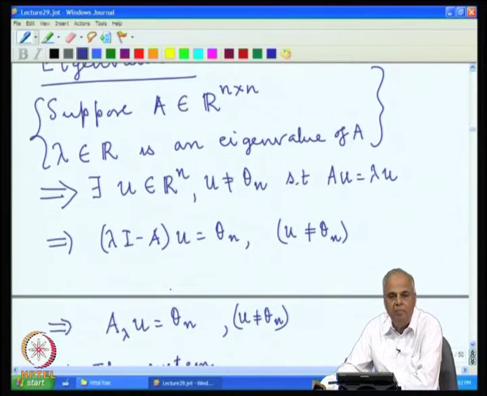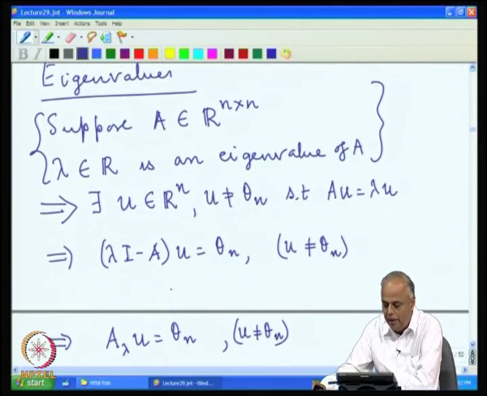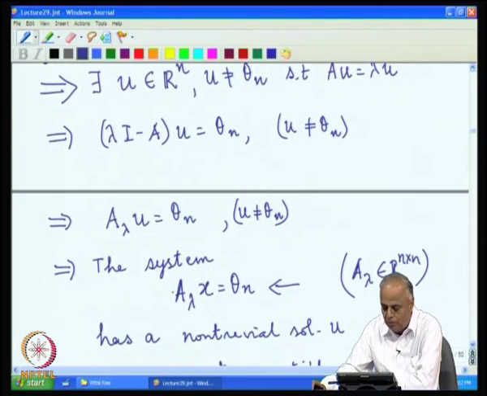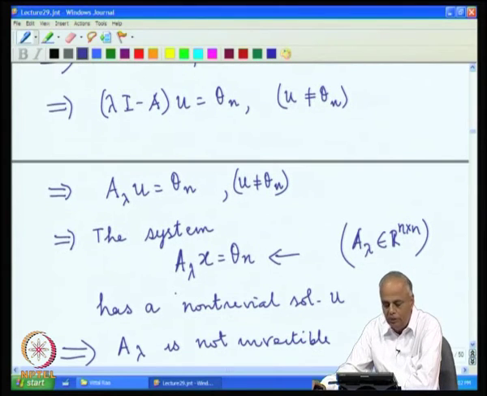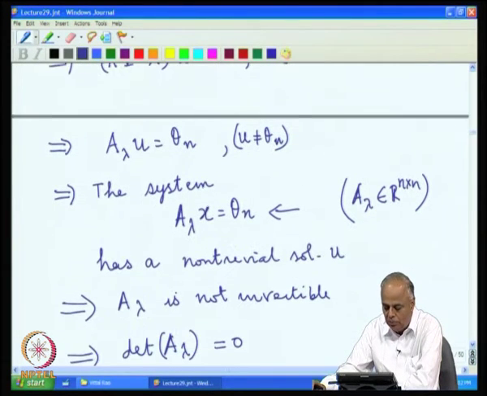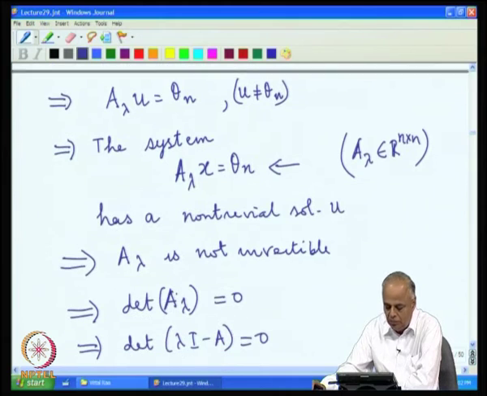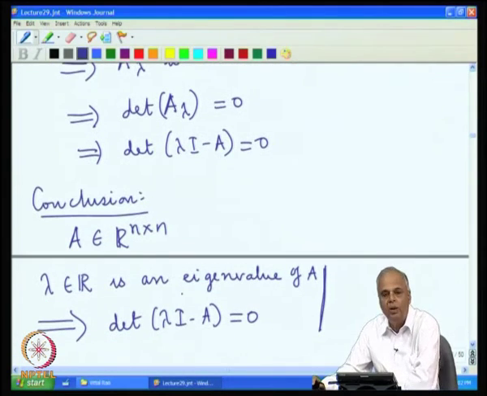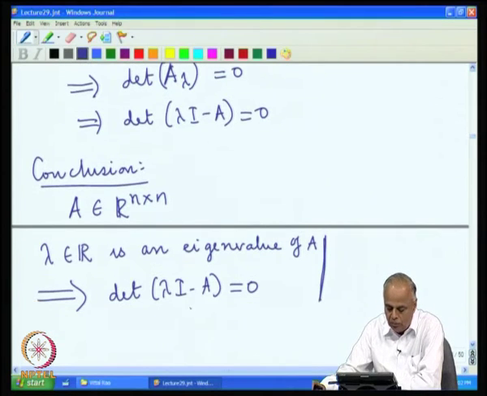This implies A lambda u equals theta n, where A lambda was the matrix lambda I minus A. Therefore, the system A lambda x equal to theta n has a non-trivial solution u. Therefore, the matrix A lambda is not invertible. Therefore, the determinant is 0, and hence we get that if lambda is an eigenvalue of A, then determinant of lambda I minus A equals 0.